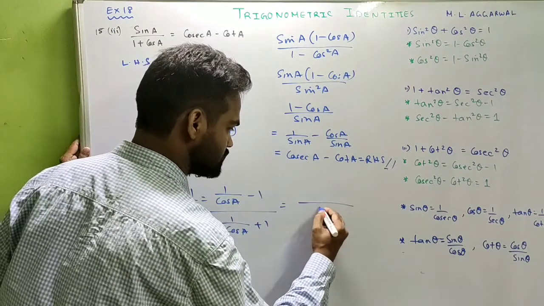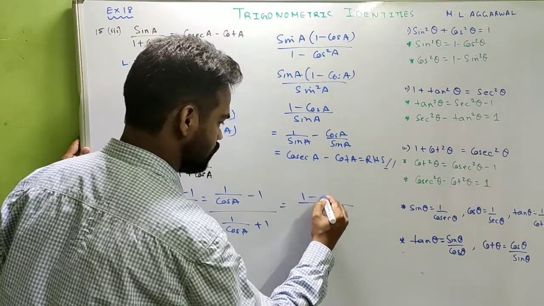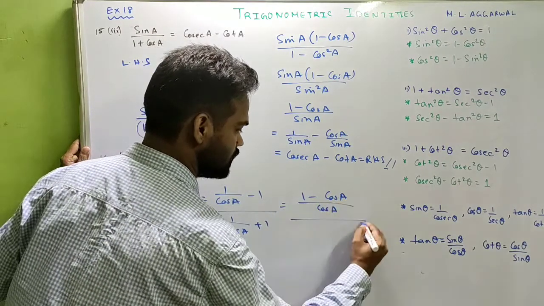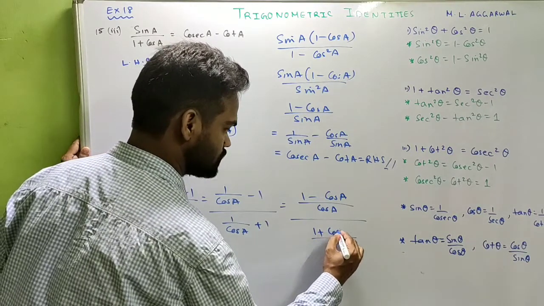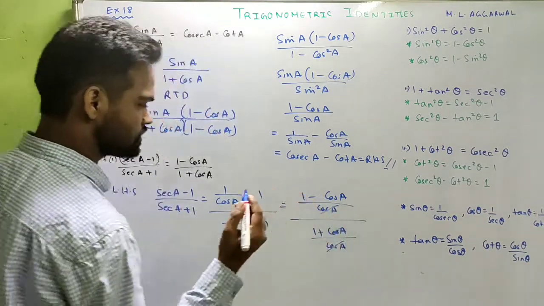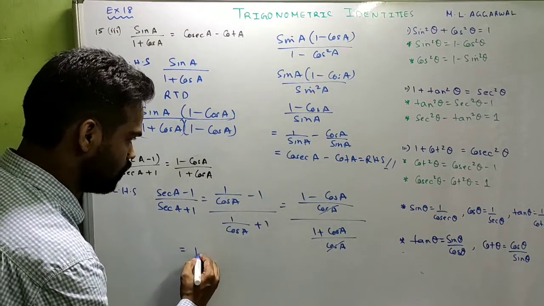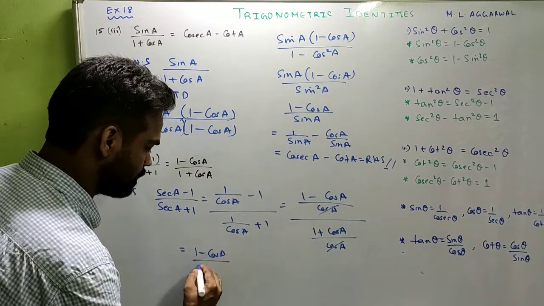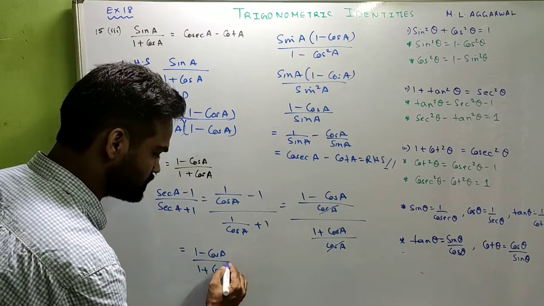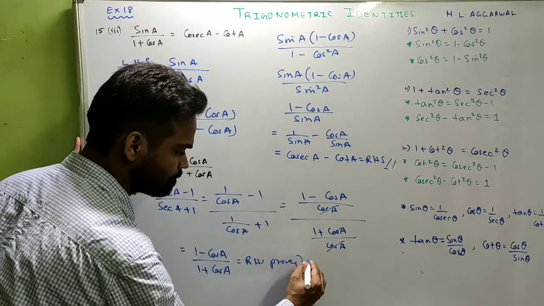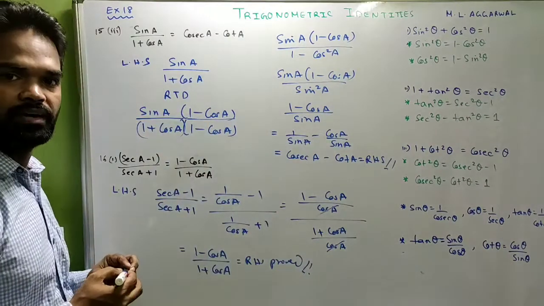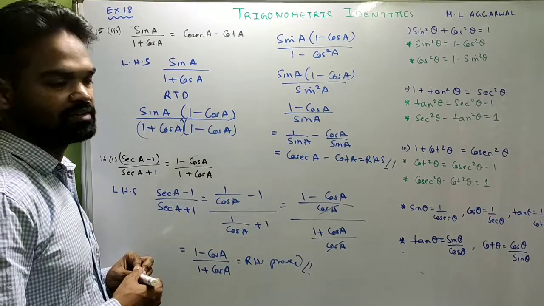Now if I take LCM, this is cos A, 1 minus cos A. In the denominator also, if I take cos A, this is 1 plus cos A. This and this cancels out. So what remains? 1 minus cos A by 1 plus cos A remains. And this is your RHS. Proved. Done. Now let us look at the next sum.